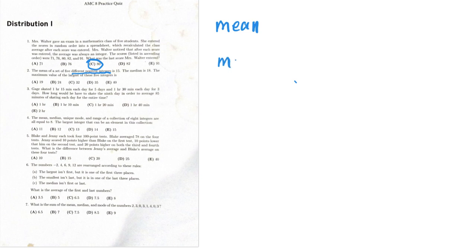So the mean of 5 different positive integers is 15. We know the mean or average equals the sum of the numbers divided by the number of numbers.